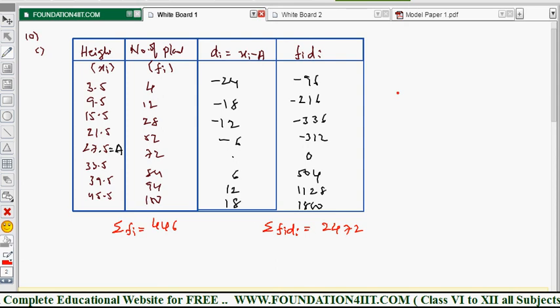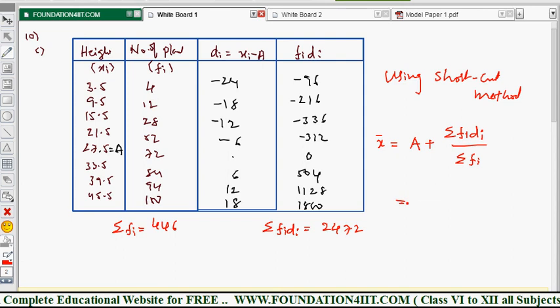Then using the shortcut method of finding the mean, the mean is a plus sigma fi di by sigma fi.